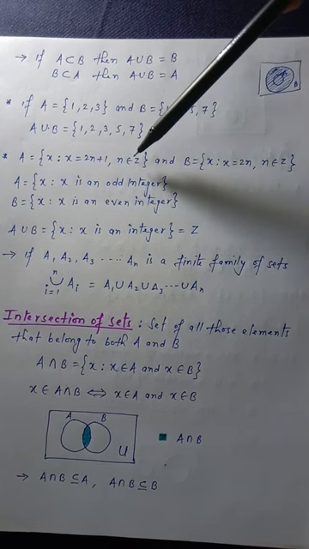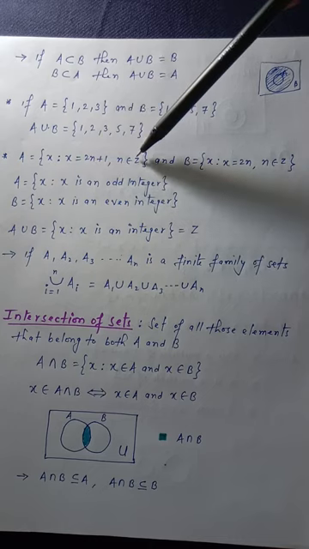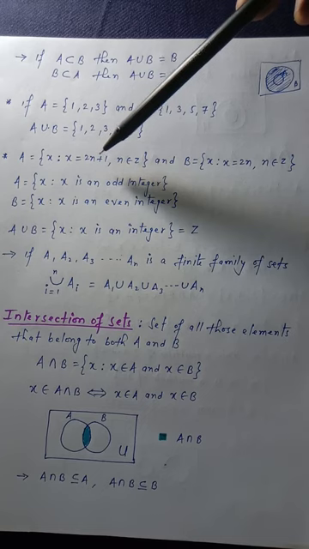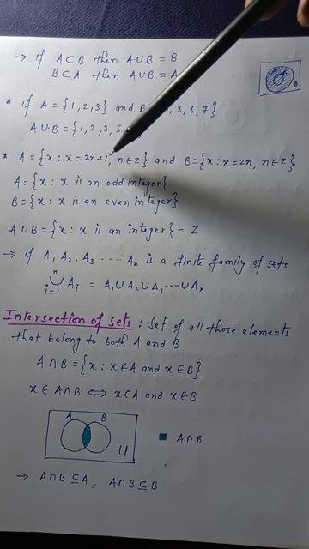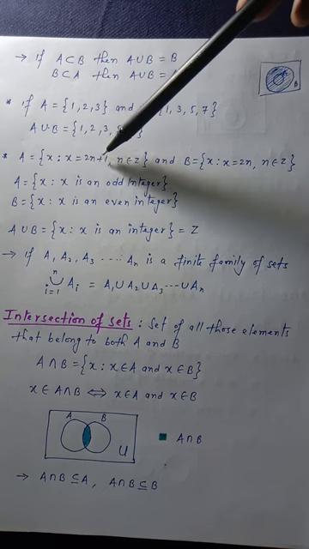If we observe, this is actually an odd number, because when n is 1 it becomes 3, when n is 0 it becomes 1, and when n is minus 1, it becomes minus 1.